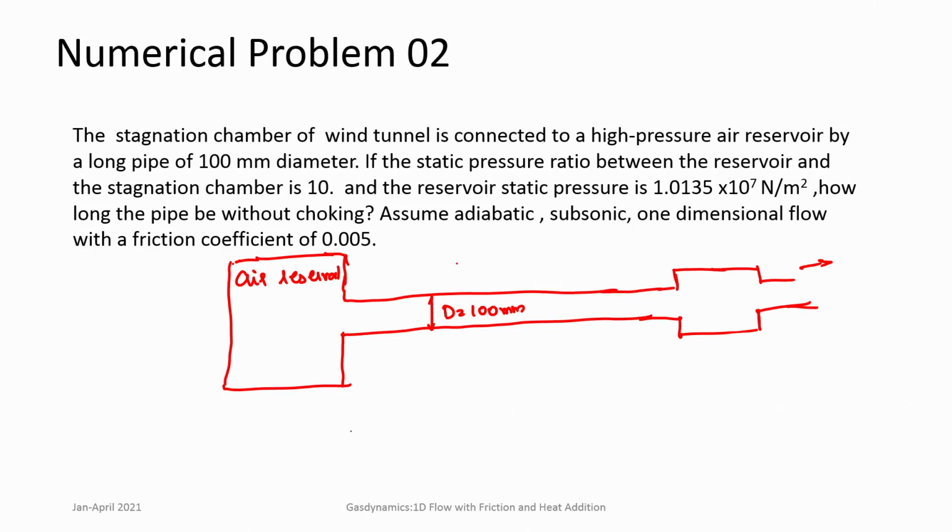So, you can almost take that P naught is approximately equal to P. If this is 1 and this is 2, then what you are essentially given here is P naught 1 is approximately equal to P 1, and P naught 2 is very close to P 2 inside the reservoir or inside the stagnation chamber, somewhere at this location.